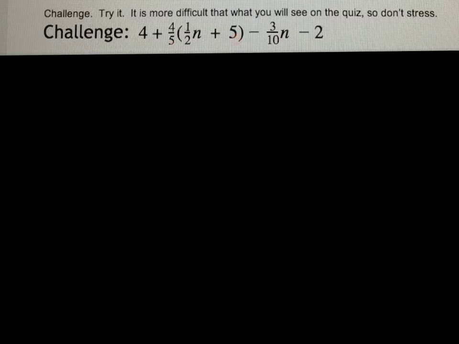So the first thing I need to do is to distribute the 4/5 to 1/2 n as well as to 5.